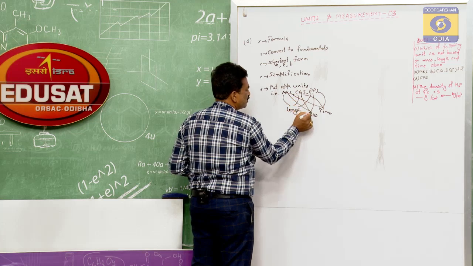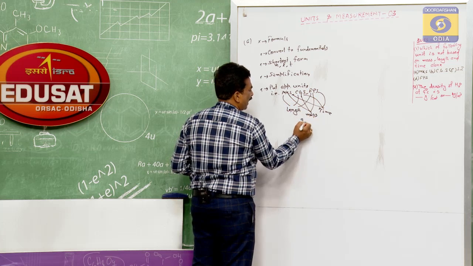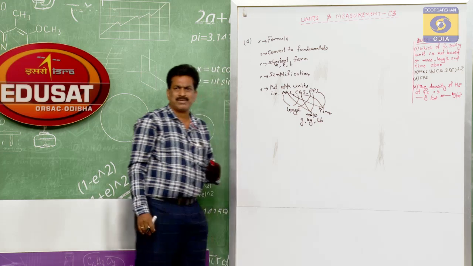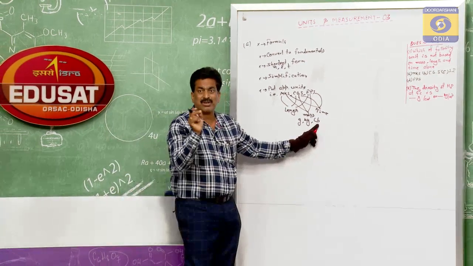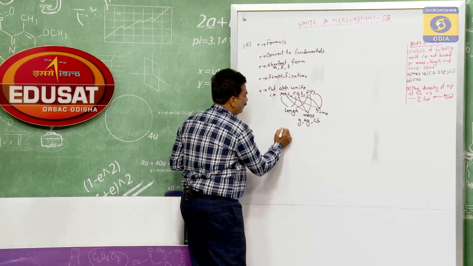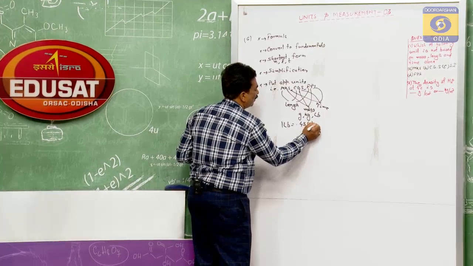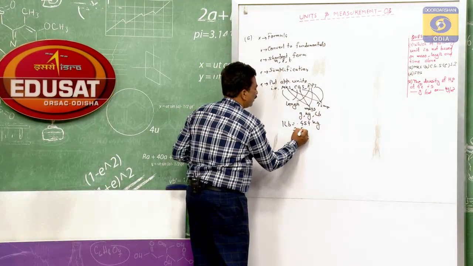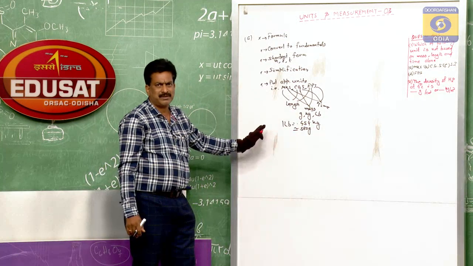G is gram, and P is pound. So, gram, kg and pound. The pronunciation will be pound, but you have to write the symbol as LB, and 1 LB is equal to 0.454 kg, which is nearly 500 gram. That we have discussed in our last class.